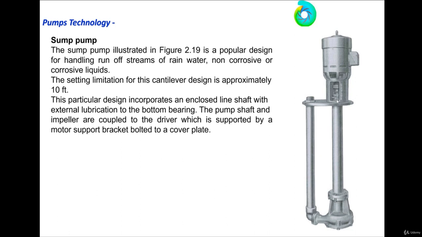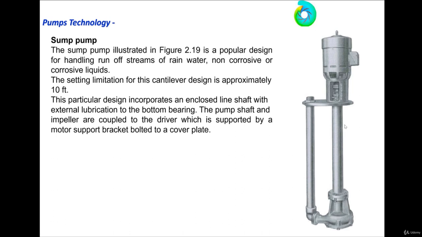So the setting limitation for this cantilever design is about 3 to 4 meters. If you need a pump with more length, or a sump with more depth than 4 meters, you cannot use this type of pump because it is only supported by the motor or the bearing upside.